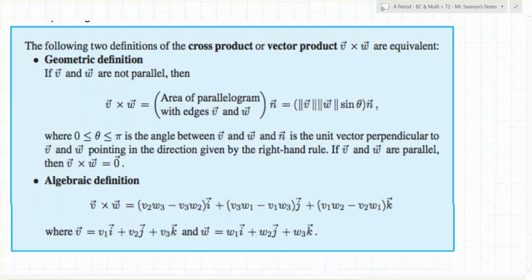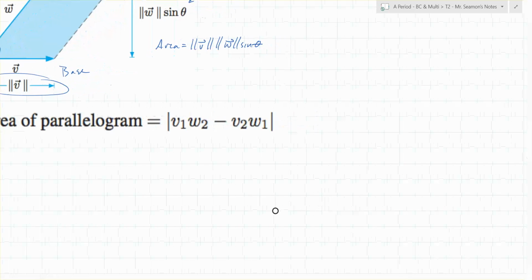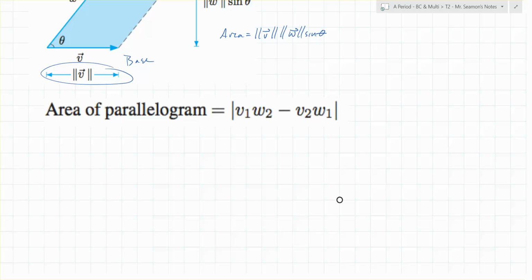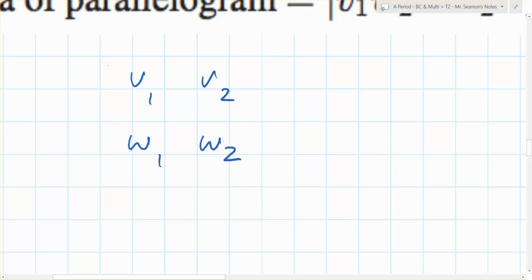So here we go. This is the last piece for right here. This seems simple enough to try to remember how to find really easily. I'm going to give you the methodology which can be expanded to 3 dimensions. You take your components V1 and V2, W1 and W2. Has anybody worked with matrices before? Maybe, yeah.